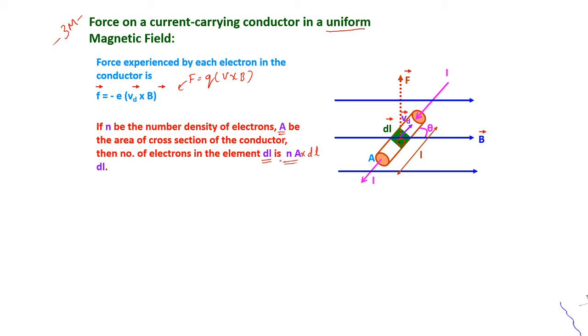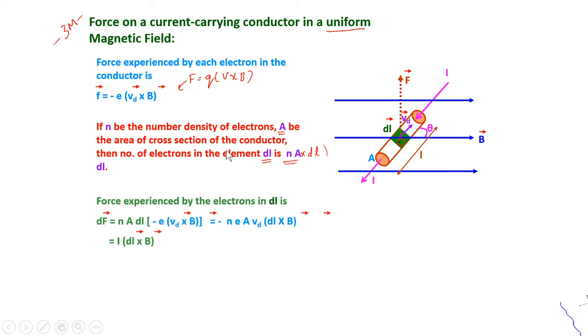Force experienced by the electrons in length element dl is dF equal to nA dl into minus e into Vd cross B. So one electron experiences this much force, then these many electrons will experience this much force. So small force dF is equal to nA dl times minus e Vd cross B.